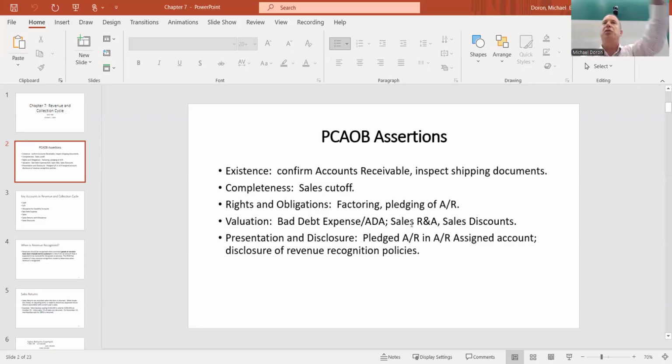You have gross sales, less sales returns, less sales discounts equals net sales. Okay. And presentation and disclosure, well, we just talked about that. A pledged account receivable should be in a special account called assigned accounts receivable, segregated from the rest of the accounts receivable. And of course, you need to disclose your revenue recognition policy.